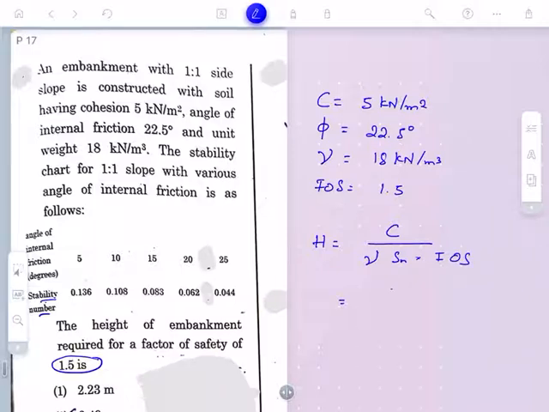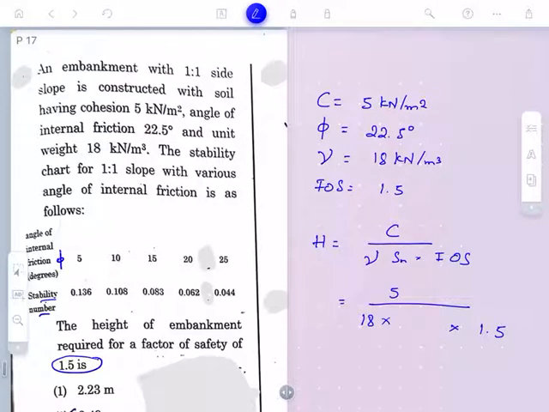So what is the value of cohesion? Cohesion is already given, where cohesion is equal to 5, gamma is 18 and what is stability number? Stability number we need to find, and factor of safety is given. Factor of safety is 1.5.